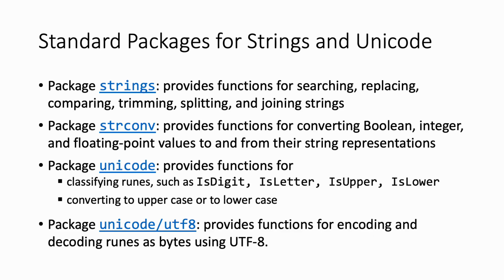We have learned the basics of strings and the use of Unicode in Go. Go also provides several standard packages for handling strings and Unicode. The first package is package strings, which provides functions for searching, replacing, comparing, trimming, splitting, and joining strings.